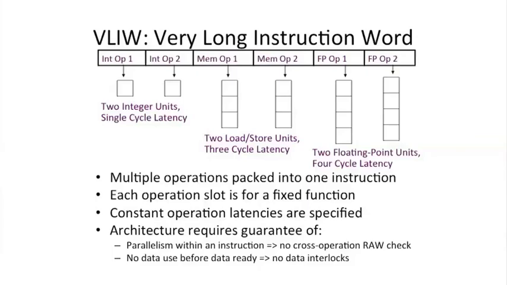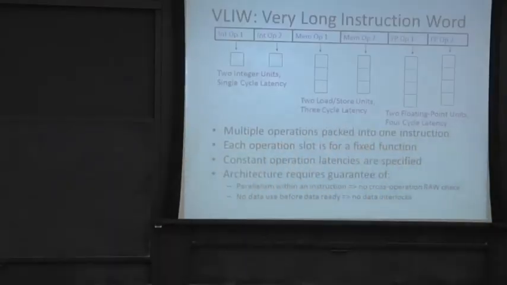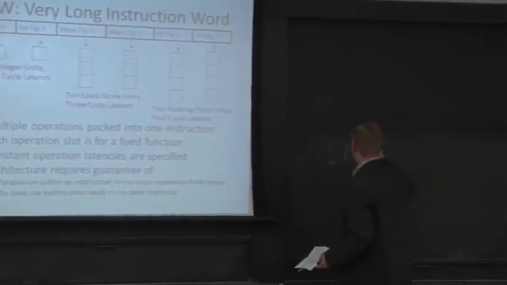So instead of having on the disk a sequential sequence of instructions, now we still have a sequential sequence of instructions, or a sequential sequence of bundles, but each one of those bundles will actually encode multiple independent operations. So let's look at an example code sequence of this. For instance, you could have something that looks like this.